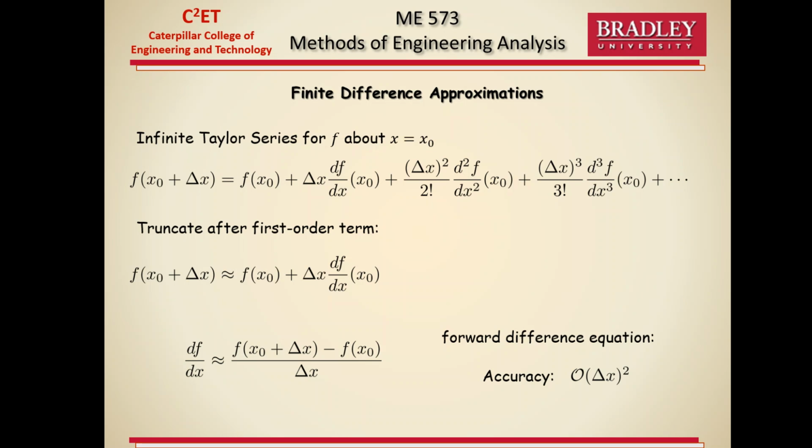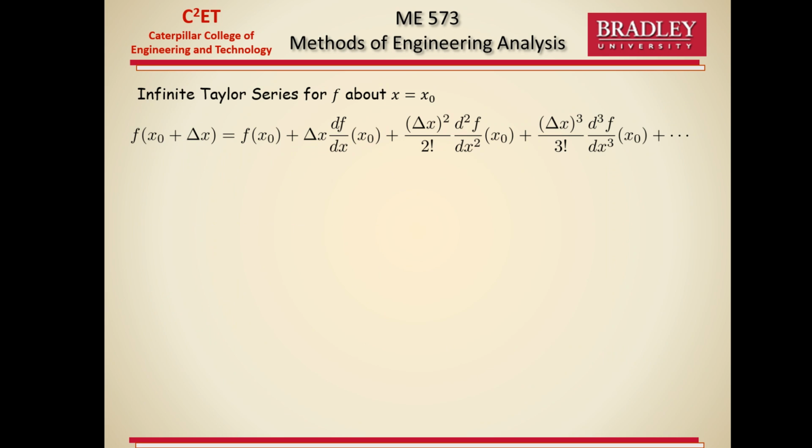Now, from here to the next slide, I'm going right back to the same Taylor series, and here we're going to generate another type of approximation. So this is a Taylor series for f about the position x0 again. You can see I am approximating the function at x0 plus some neighborhood delta x equals all of these terms here.